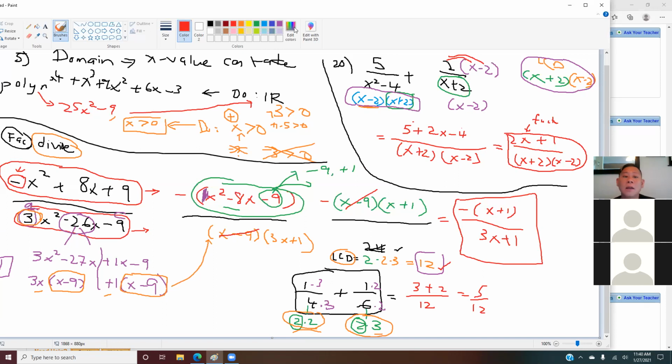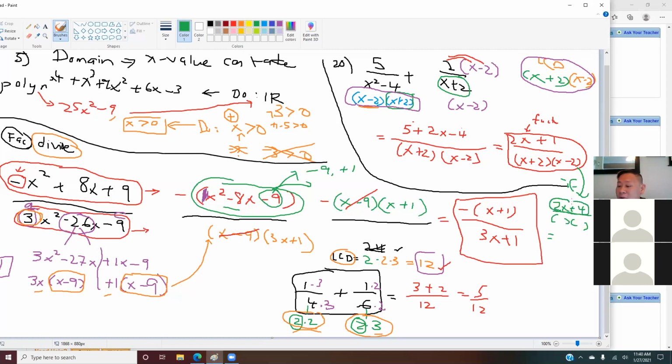Okay. If, let's say you add this and you get 2X plus 4 over X plus 2 and X minus 2. And if, I'm saying if, you do this, then this 2X plus 4 can be factored because there is a GCF here.